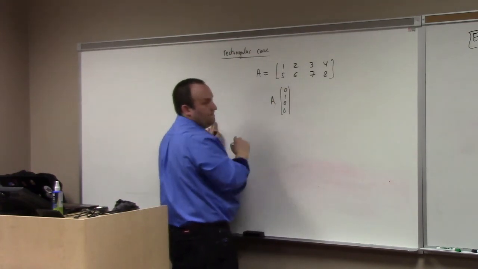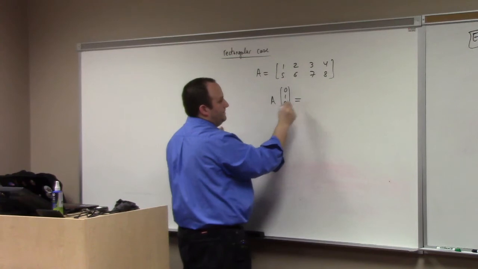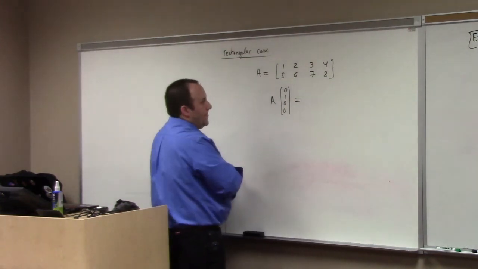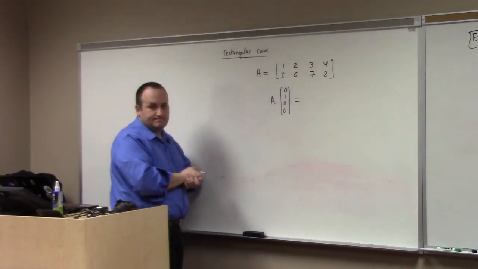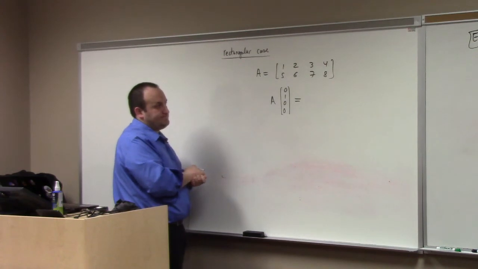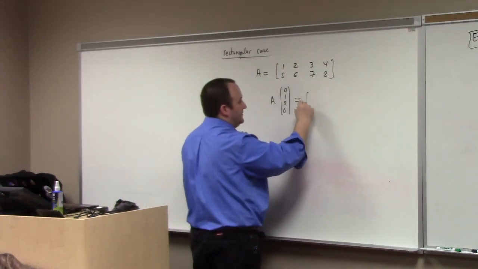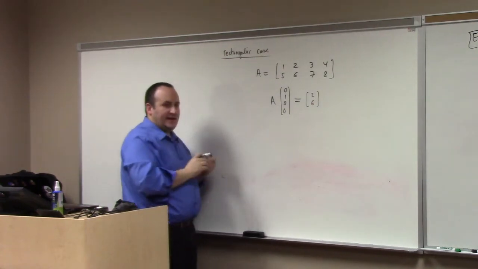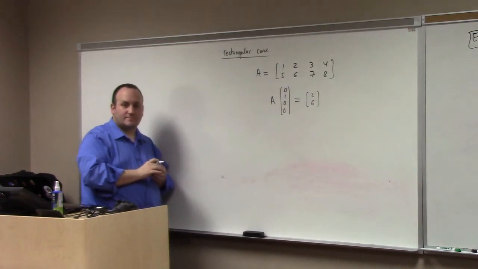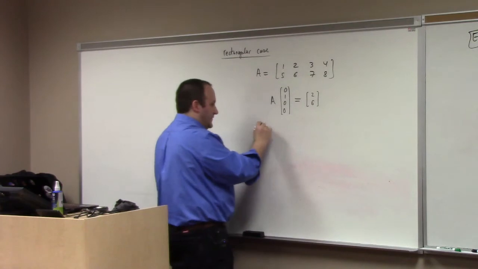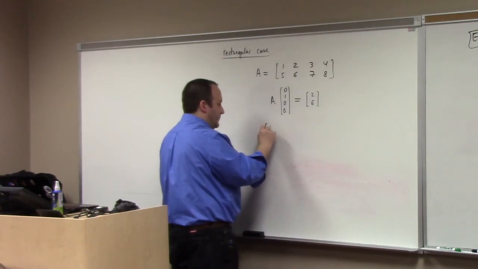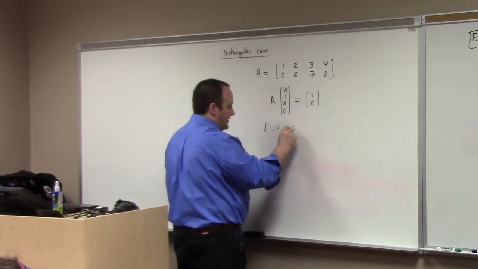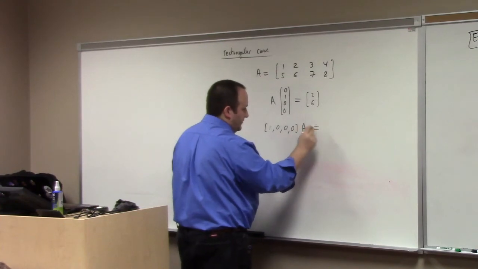And what would that be equal to? 2, 6, right? Because we're looking at A times E2. On the flip side, if I did 1, 0, 0, 0 times A, what would that be?